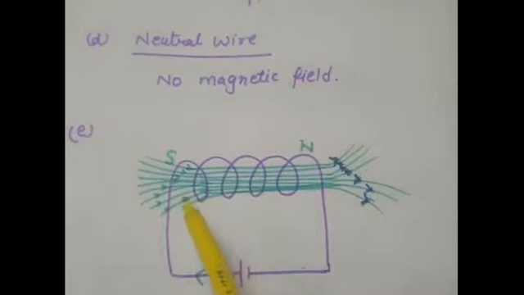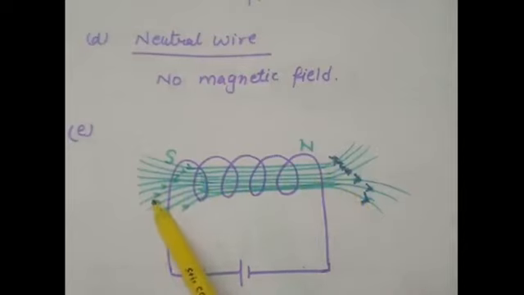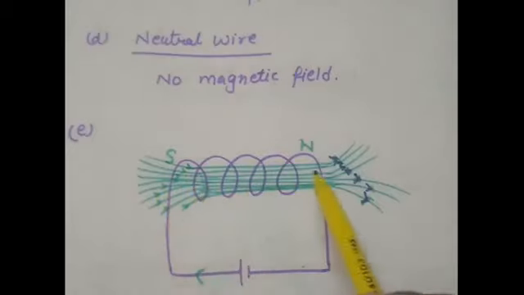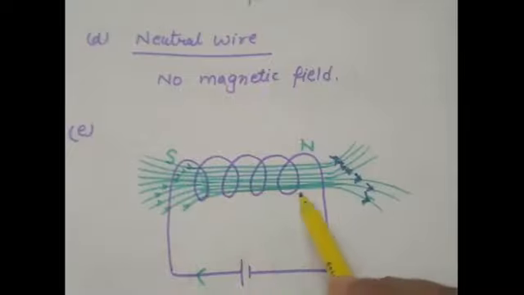But as we know, the magnetic field lines diverge near the poles. So outside the solenoid, the magnetic field lines have unequal distance between them. The magnetic field outside is non-uniform, whereas inside the solenoid the magnetic field lines travel almost parallel to each other.